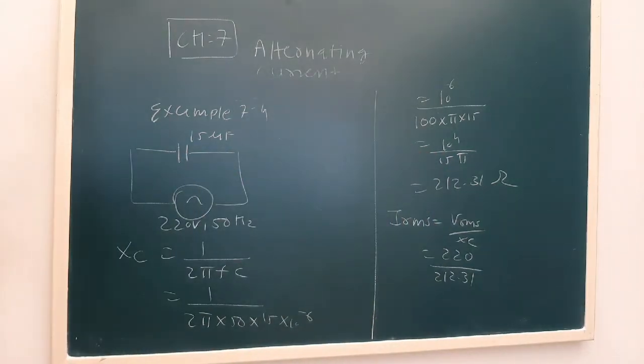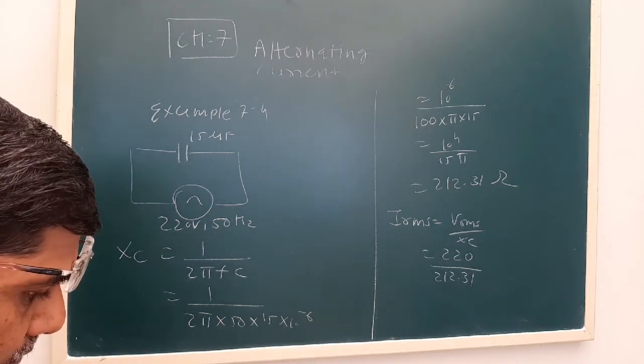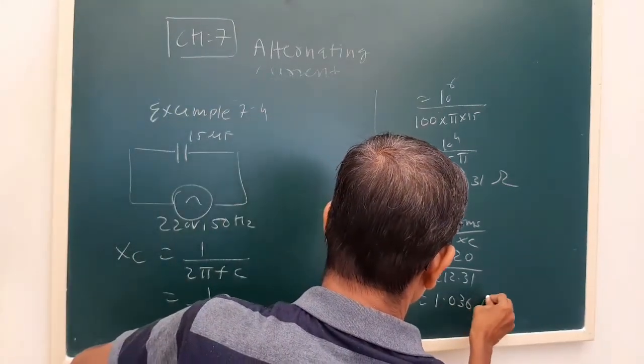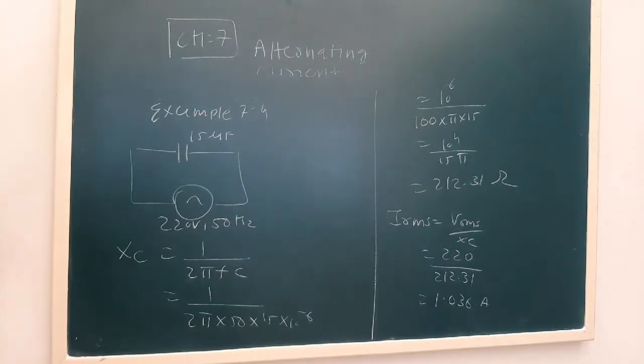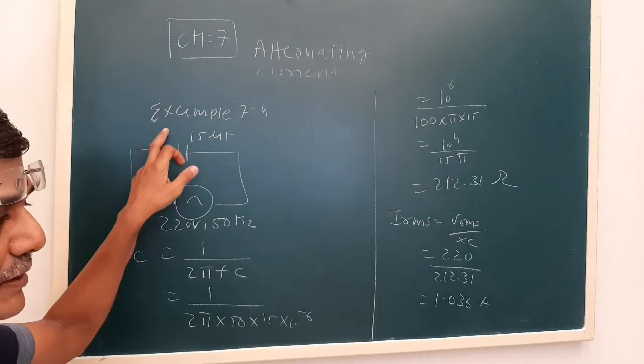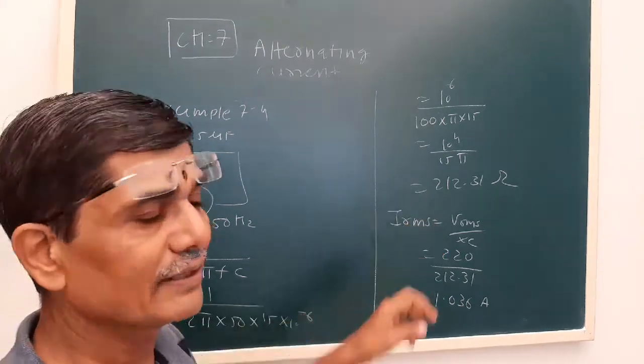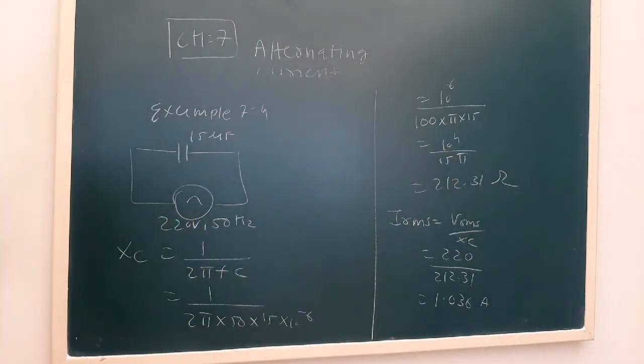So we can obtain the value of the RMS current. Capacitance is given, we have obtained XC as 1 upon 2 pi FC, so that we get the value as 212.31 ohm.